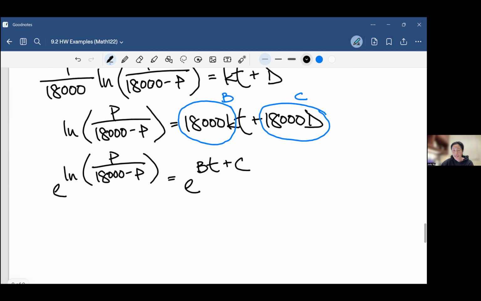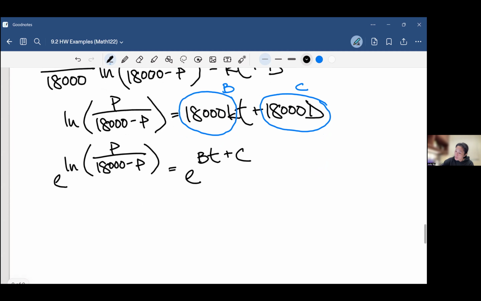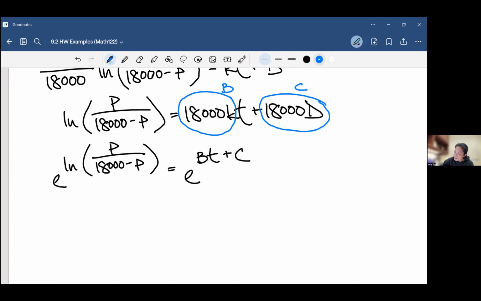Look at how much less ink we already have on that right-hand side. That's why we like to sort of rename constants if we can. Okay. Now, things are starting to get a little bit better. E and natural log cancel. So on my left-hand side, I just have P over 18,000 minus P equals e to the bt plus c.